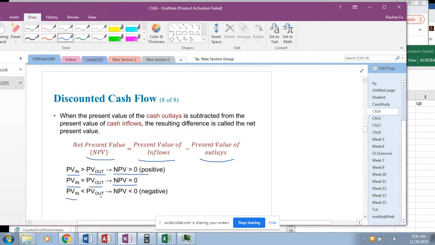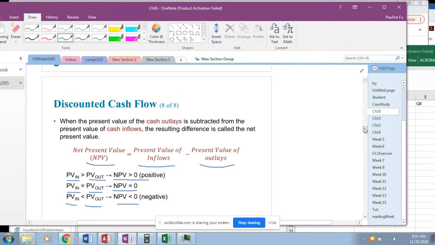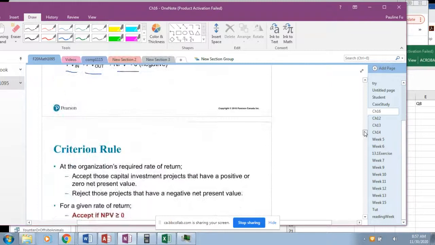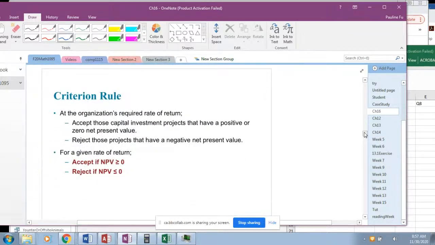When money in is less than money out, you have a negative NPV. Okay. And also we have the criteria rule. We are going to accept those capital investments that have a positive or 0 net present value.